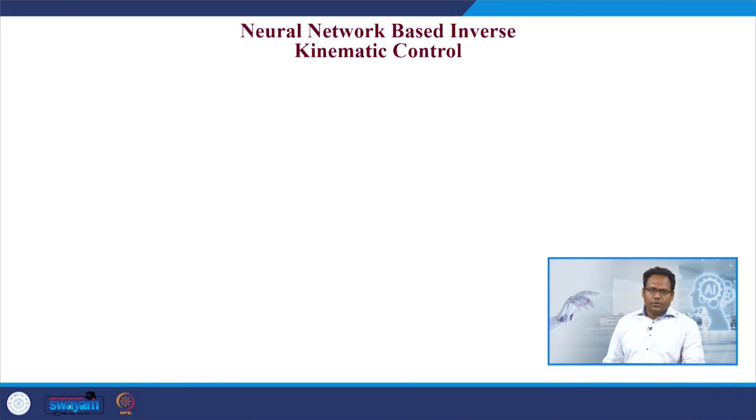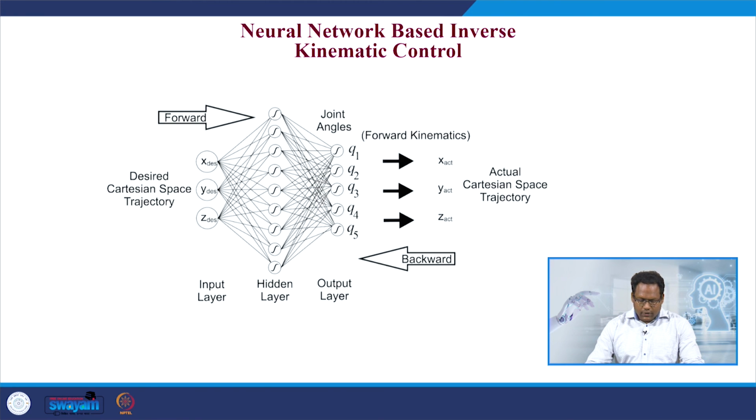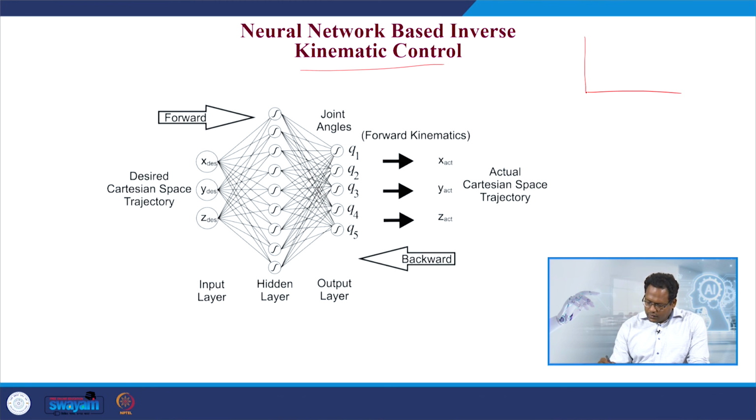Now, let us come to the application of neural networks towards inverse kinematic control utilizing the back propagation algorithm that we have seen before. It is meant for the inverse kinematic control problem, where a robotic system is here.